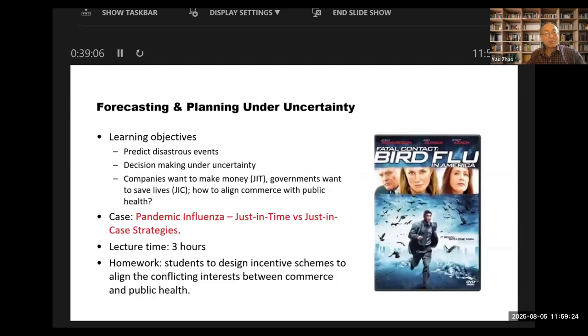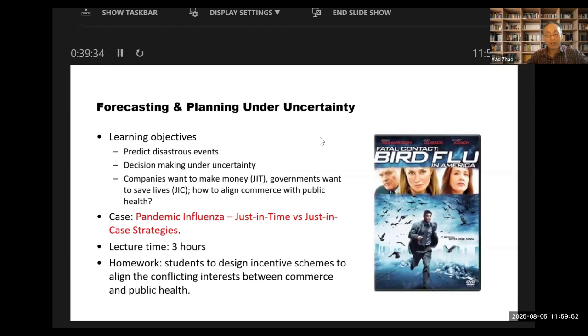Let's talk about forecasting and planning under uncertainty, the pandemic influenza case, which teaches both demand forecasting and production planning. The learning objective is to first predict disastrous events and then make decisions under uncertainty.